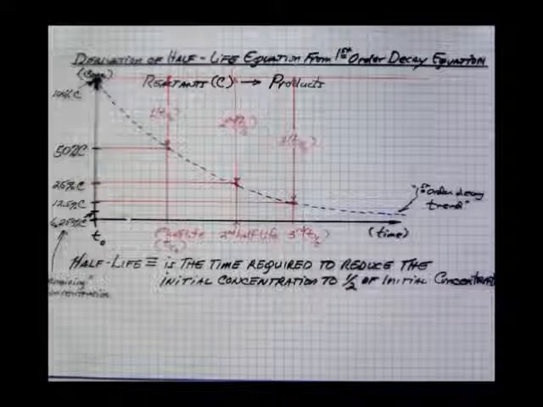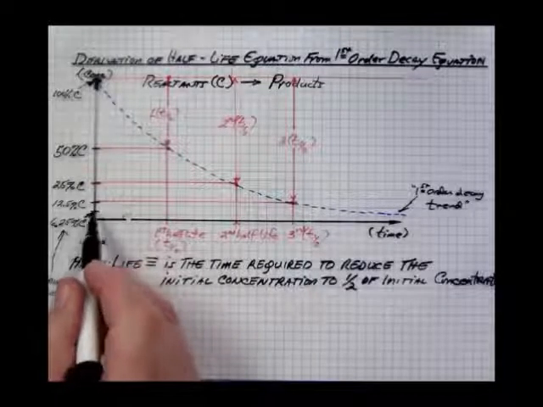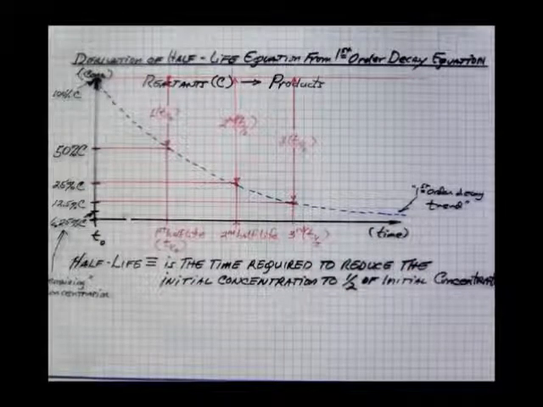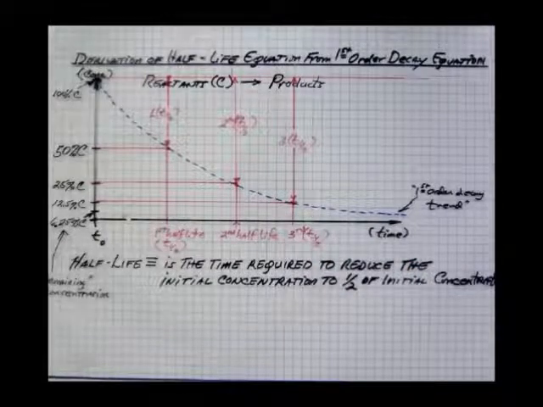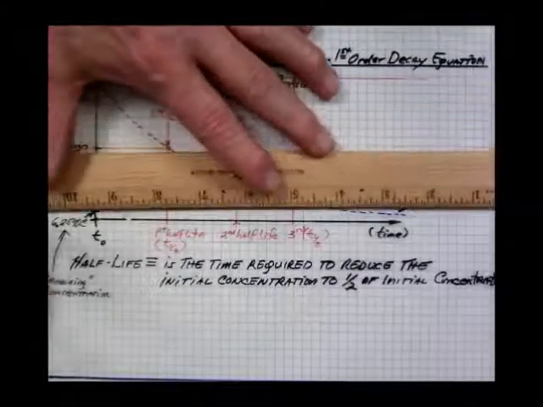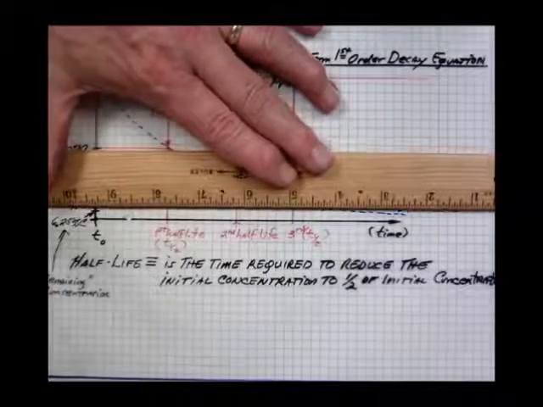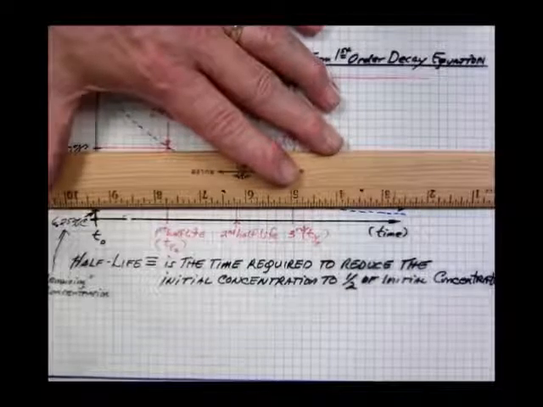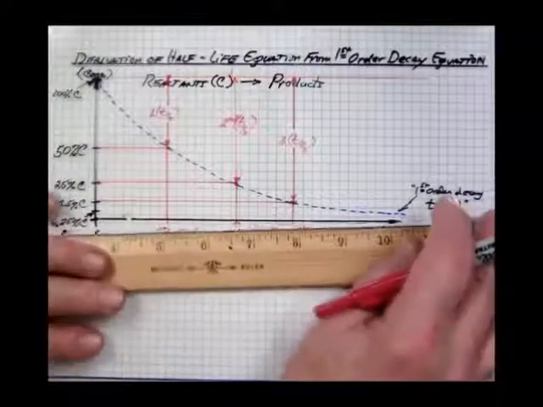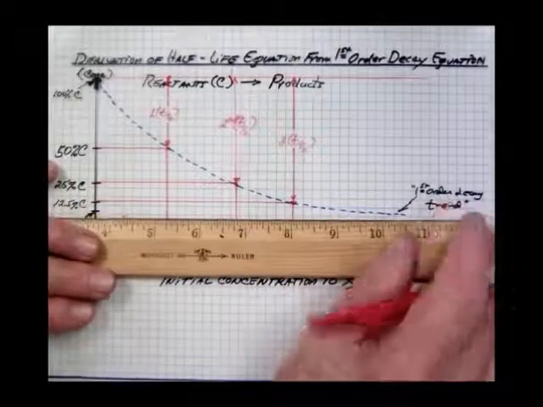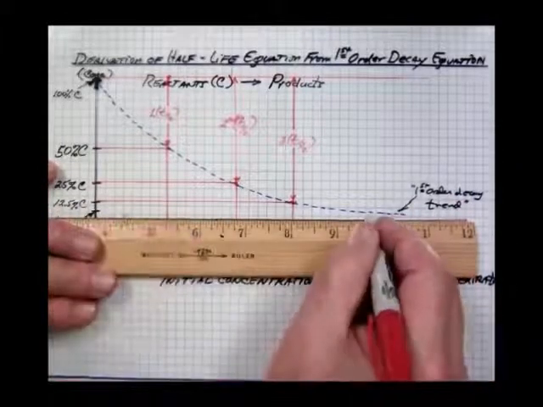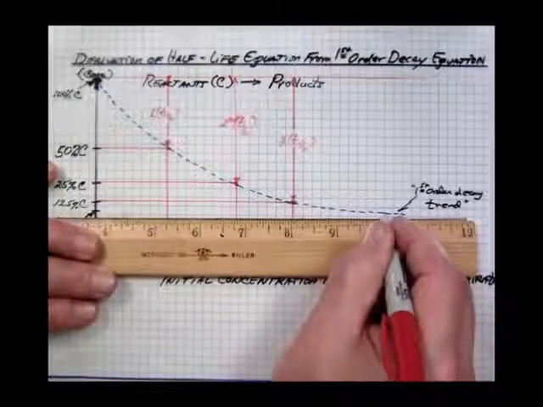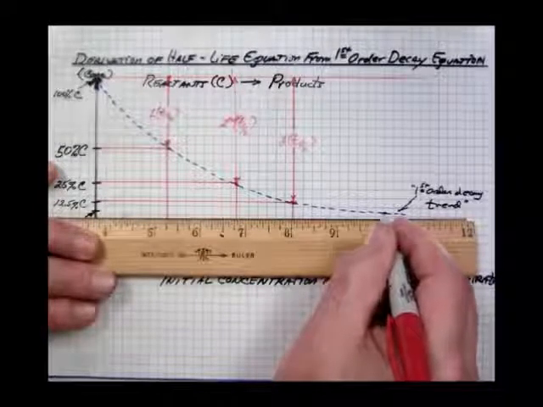Okay, we can continue to the fourth half-life out here. If we wanted to draw a fourth line, I'll try to be as neat as possible for your reference. Let's do it here. Looks like that's going to hit right about here, my guess.